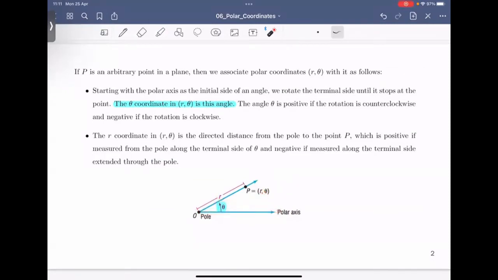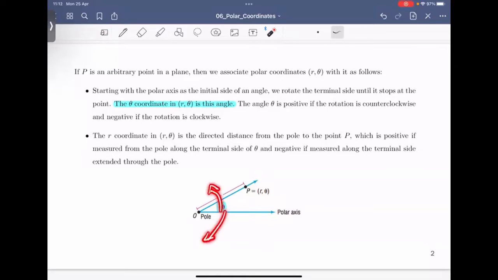We're going to learn how to plot the point. You can also have theta go in the clockwise direction, but then theta is going to be negative. This way it's positive, this way it's negative.